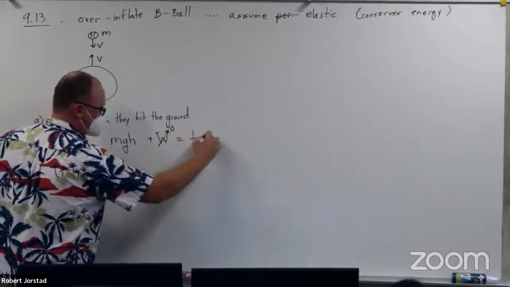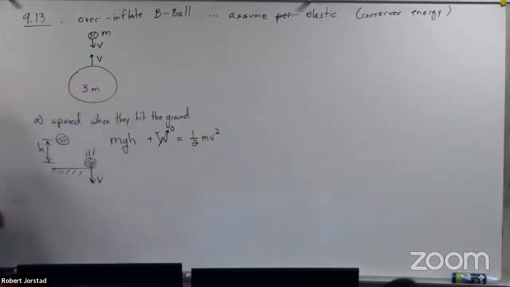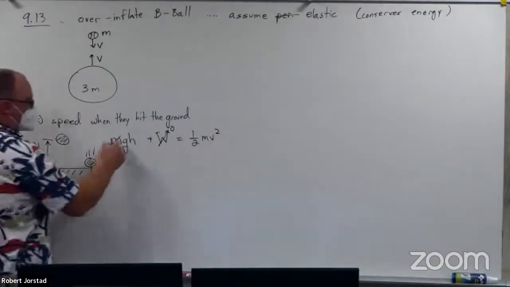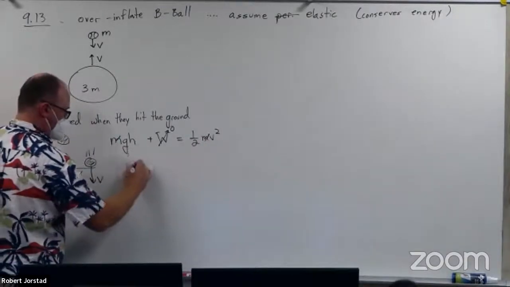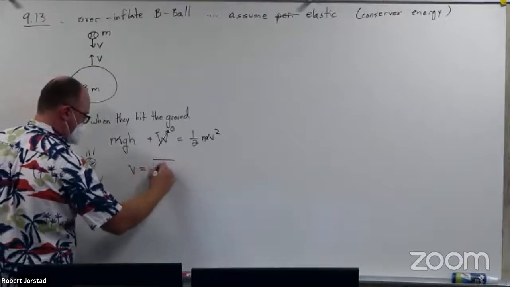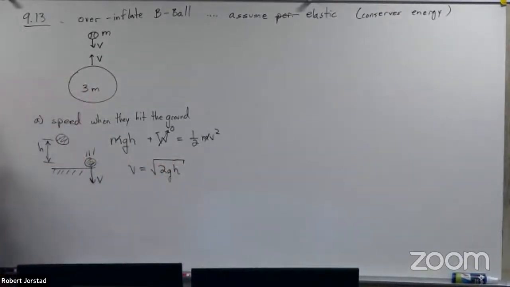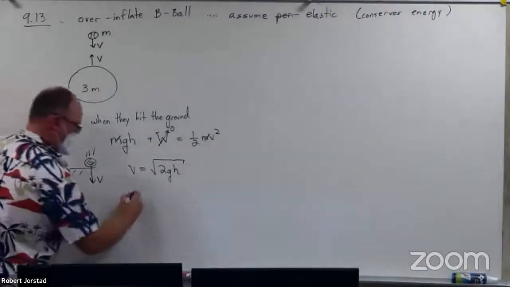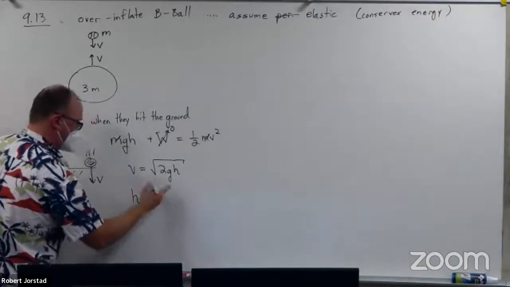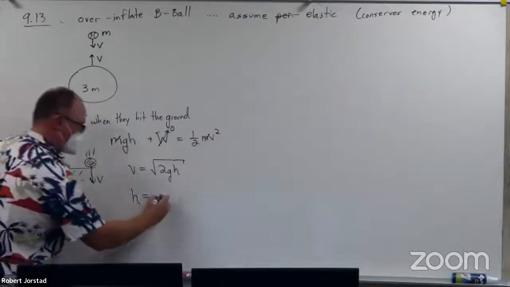The final energy just before impact is kinetic. What's the relationship between the height and the speed? V equals the square root of 2gh, or I could write it this way: h is going to equal v squared over 2g.